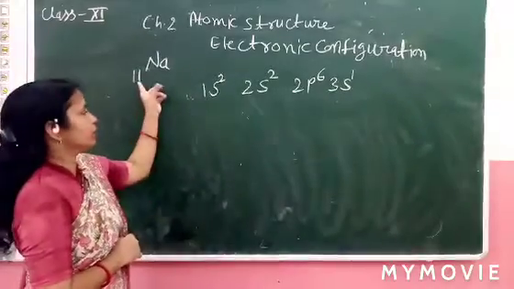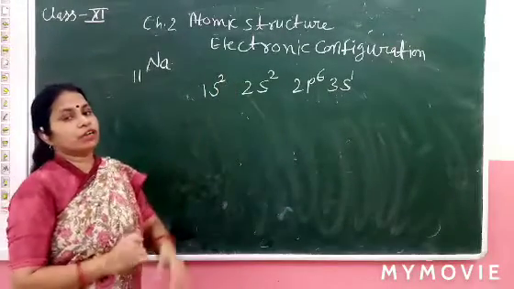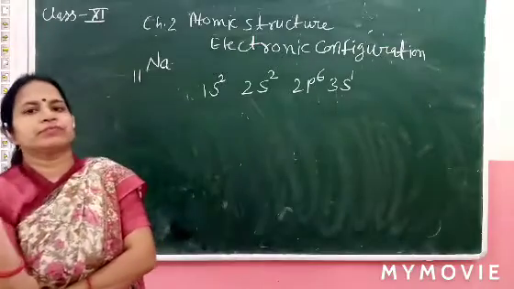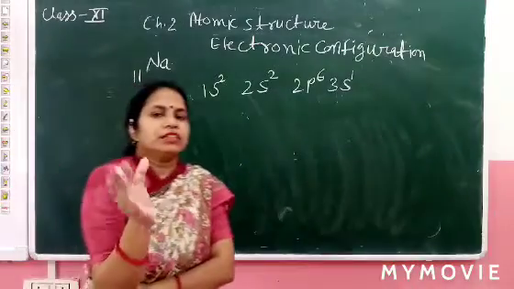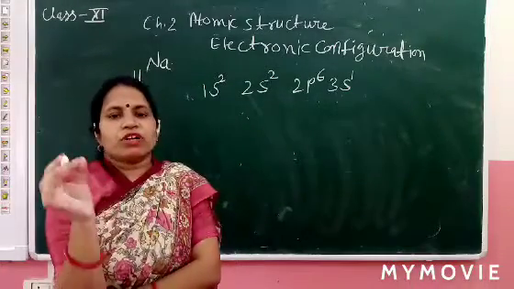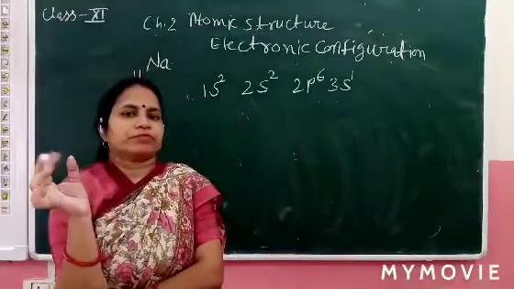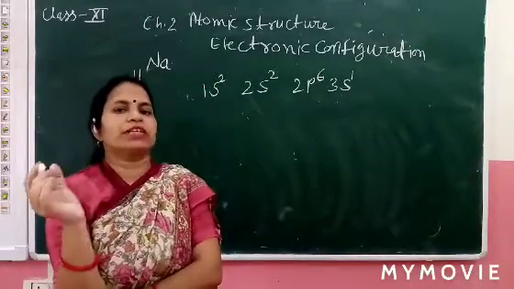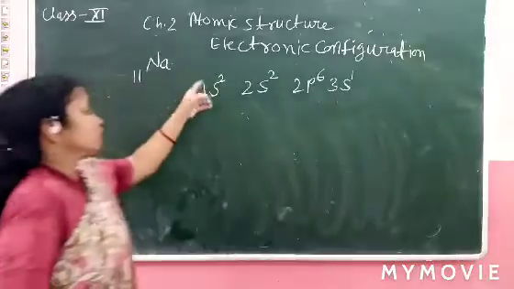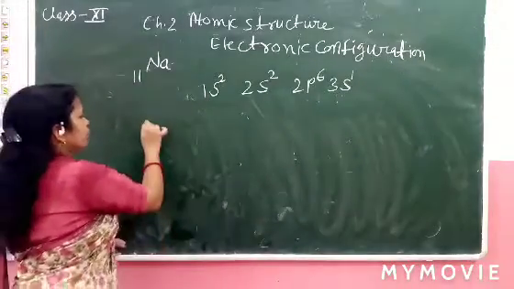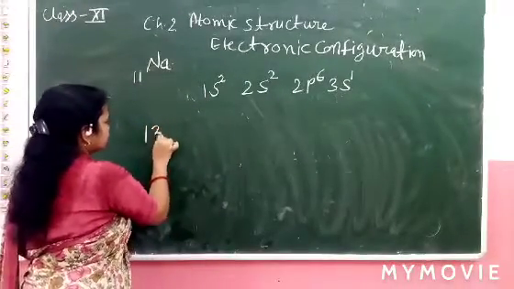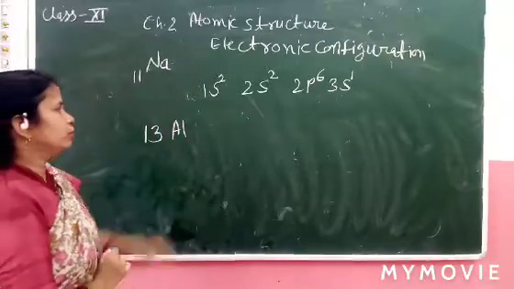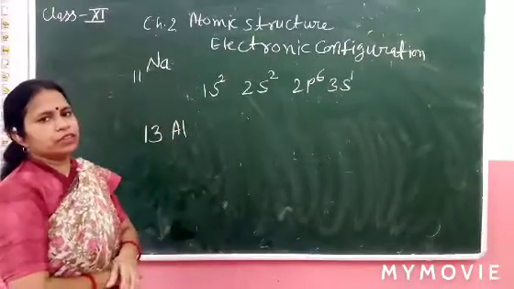So you have to fill according to the atomic number, because the atomic number is the fingerprint of the atom. Atomic number is different for different atoms, and electrons are equal to the atomic number. If you have to write 13, aluminium, you can take any example.